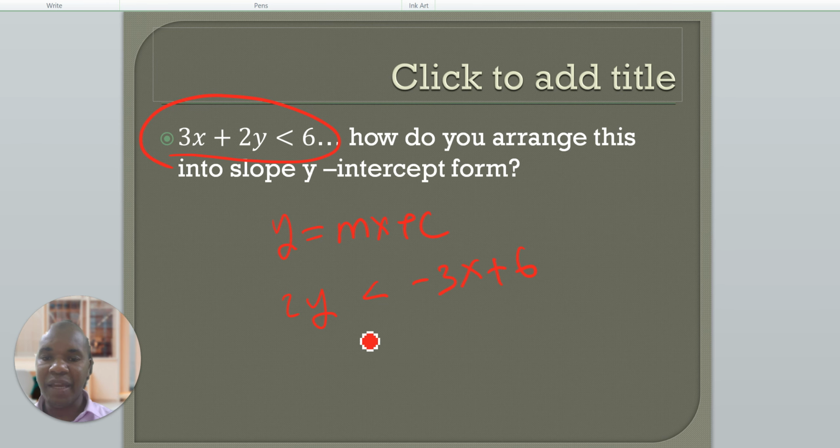We'll be dividing by 2 throughout. So we'll be having y less than negative 3 over 2 x plus 6 over 2, which equals 3, dear students. So this is how we represent a given inequality in slope y-intercept form.